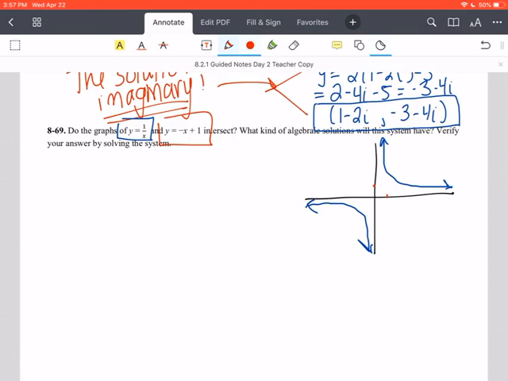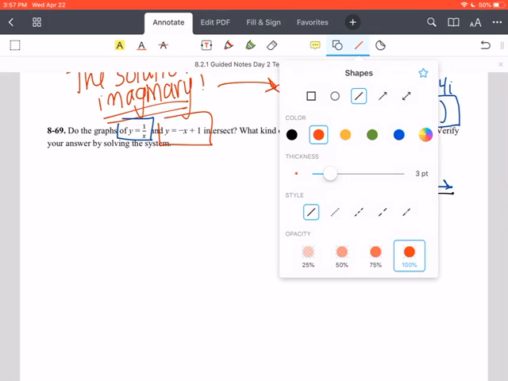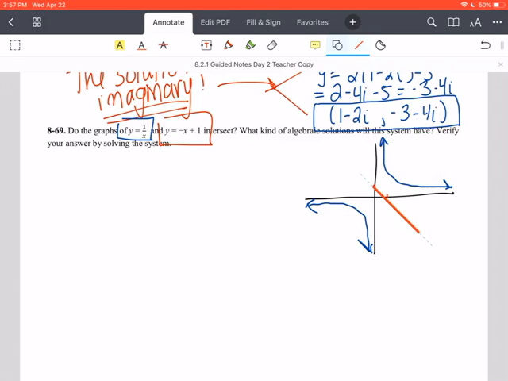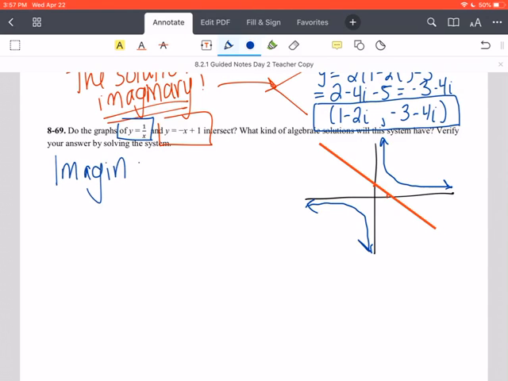So my linear function is going to be like so. Okay, so what kind of solutions will this system have? Well, we see that the graphs do not cross, so the system is going to have imaginary solutions.